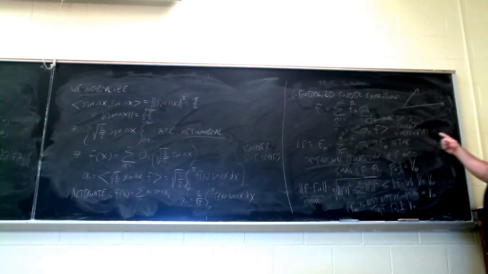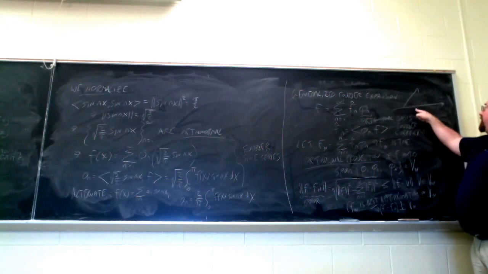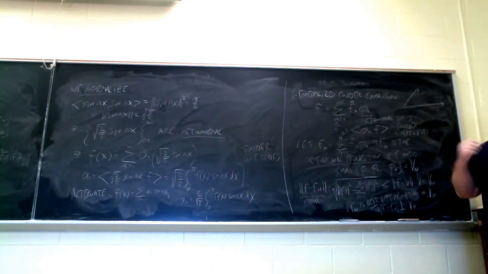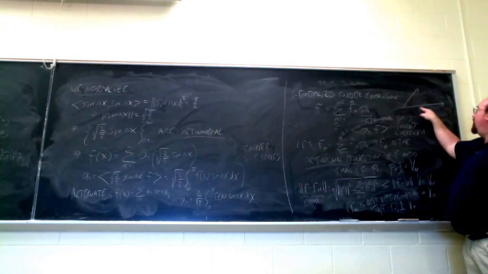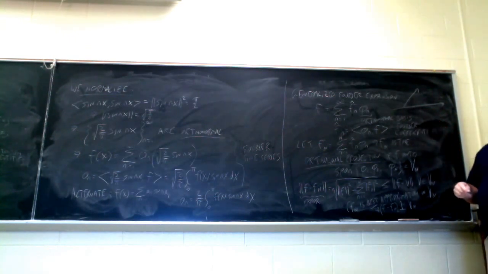Does anyone remember, if I want to approximate this vector by something on this line, how do I do that? How do I, pictorially, get that approximation? So basically projecting this vector onto this one.